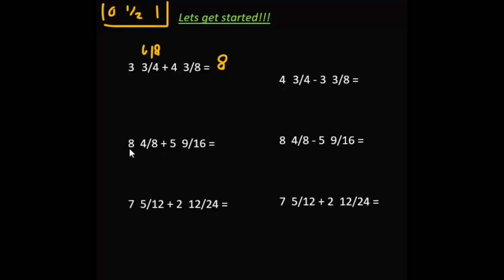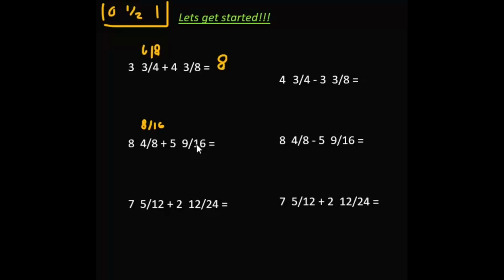The next equation says 8 and 4/8 plus 5 and 9/16. So first of all, we have to find the common denominator. 8 doubled is 16. So we have to double the 4 too, which is 8/16, which is exactly half. So then it's 8 and a half plus 5 and 9/16, which is just more than a half.